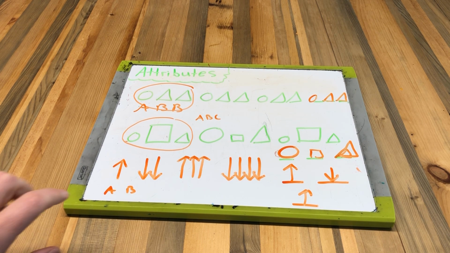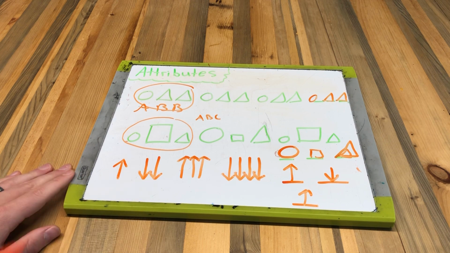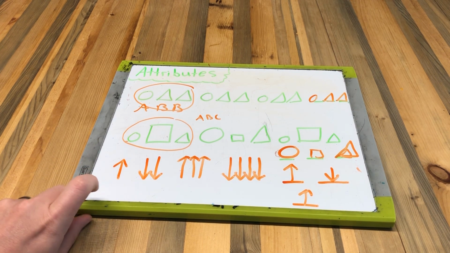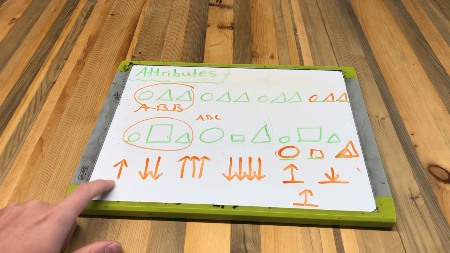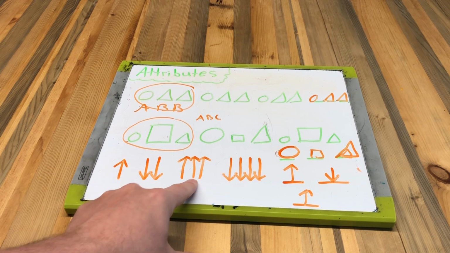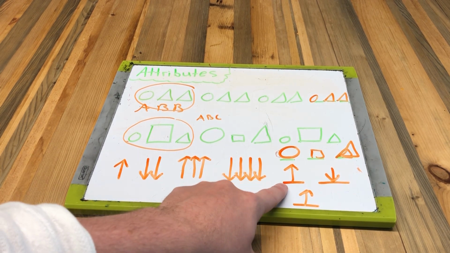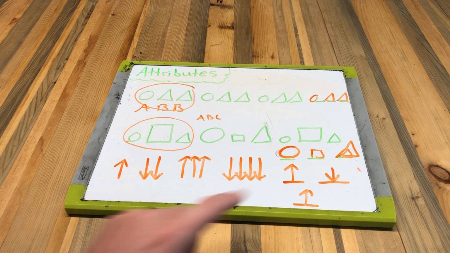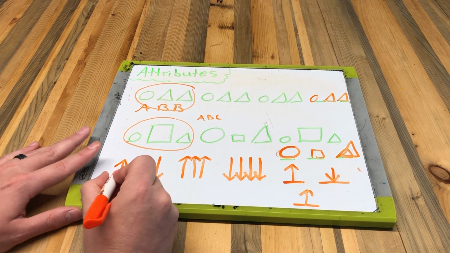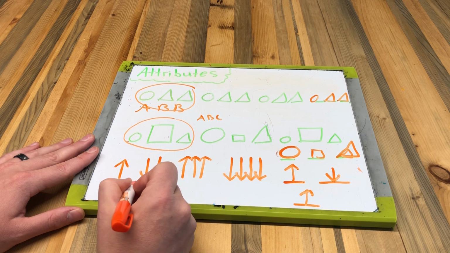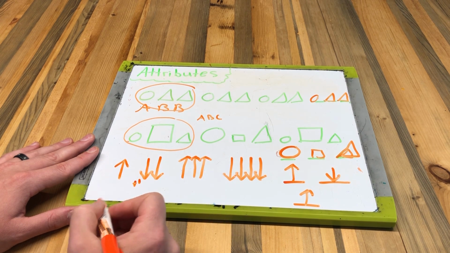But what else is happening here? Look at the number. 1 arrow, 2 arrows, 3 arrows, 4 arrows. How many arrows will I have here? 5. I have 1. Add 1 more, now I have 2.